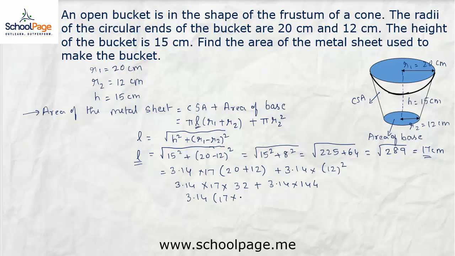Then we get 3.14 into 17 into 32 plus 144, which is 3.14 into 544 plus 144, which is 3.14 into 688, which is equal to 2160.32 centimeter square. So the area of metal sheet used to make the bucket is 2160.32 centimeter square.